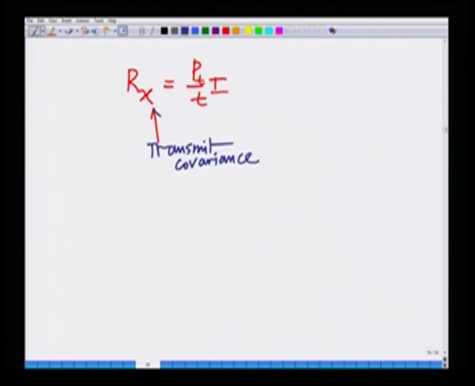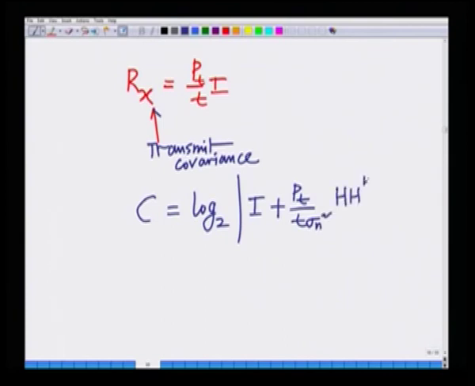Hence, the capacity using this transmit covariance is modified as log 2 of the determinant of I plus P T over T sigma n squared H H Hermitian.